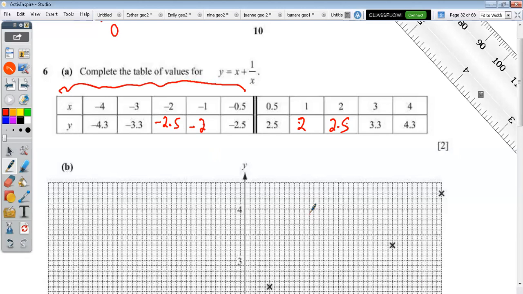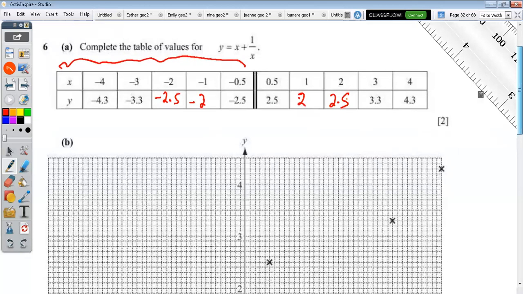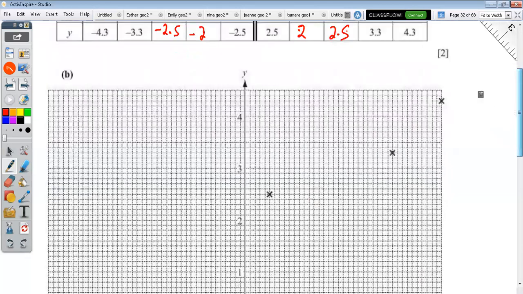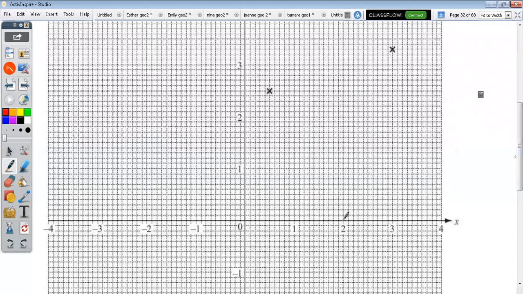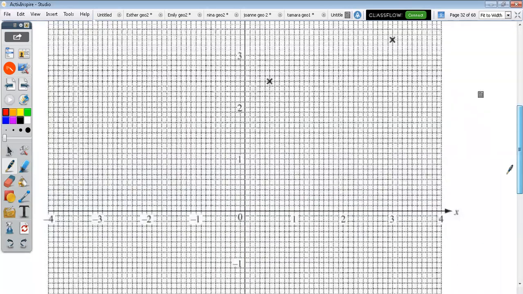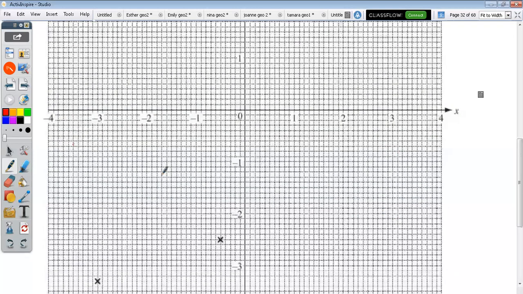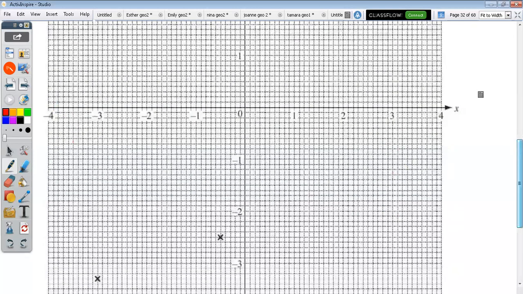Now, so then we also have to look at the scale. This looks like it's 10 boxes, so it's 0.1. This is 10 boxes, so this one is actually easy. So now we go to -4, then we need -4.3. -4, I think it has been done for us.